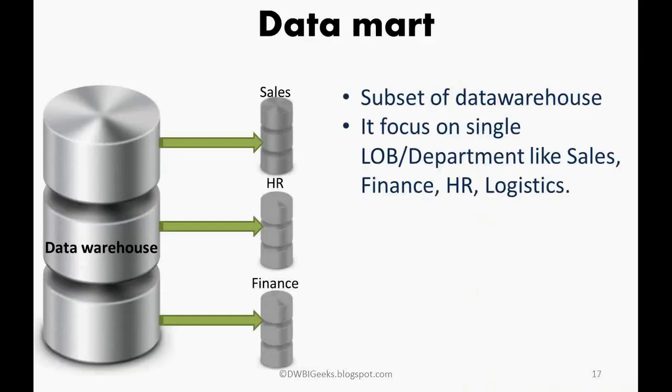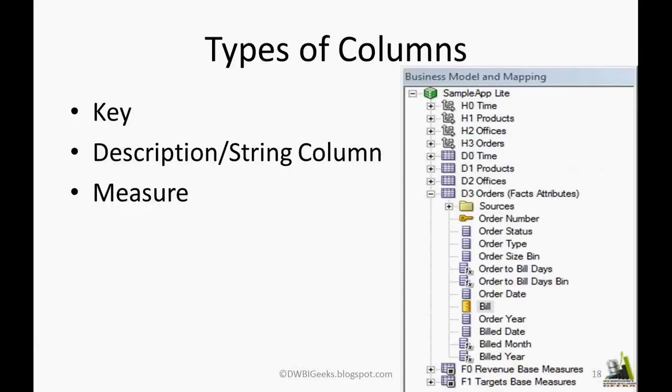In the data warehouse, we have various types of columns. Everyone knows what columns are, right? But columns are also of various types. They are like key columns. A key column is nothing but a unique identifier to identify that entire row.